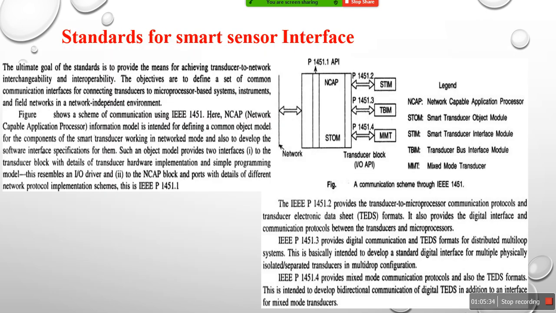Say suppose it is transferring the information through some network. Whether you are using a wired network or a wireless network, that is different. A wired network will be able to communicate from the sensor to the other device.